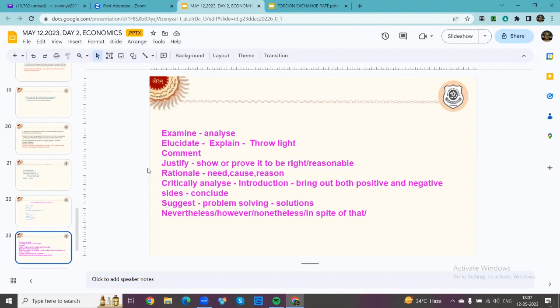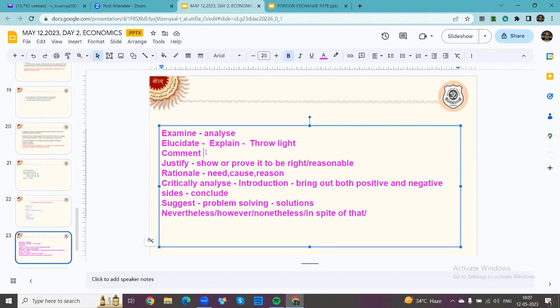Examine. When the question says examine, it means to deeply analyze, right? Elucidate would mean just explain or throw light. When it says comment, what are they supposed to do? Give opinion.